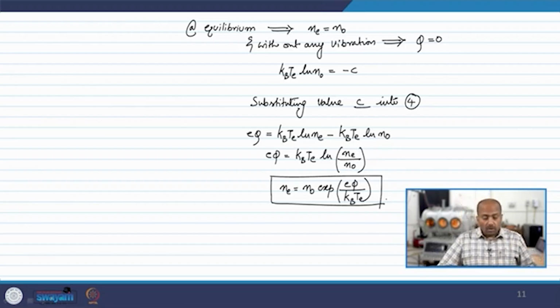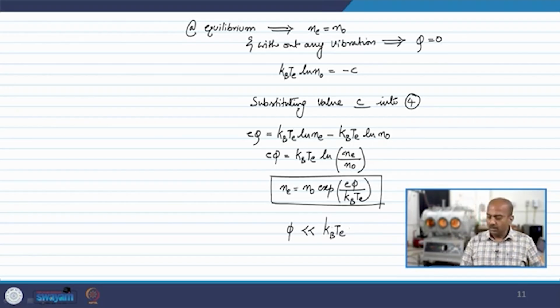Now, we will make one more assumption, that the perturbations are very small relative to the thermal energy, just to keep things simple. So, the potential that comes out because of the perturbations is very small in comparison to the thermal energy inside the plasma.